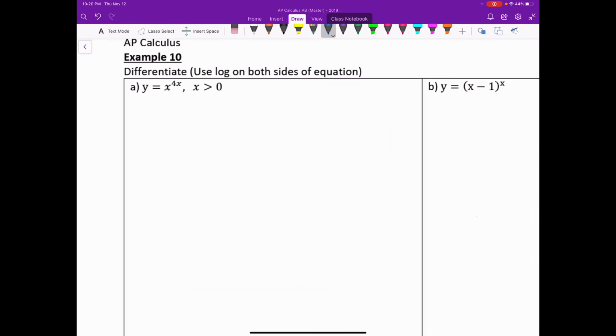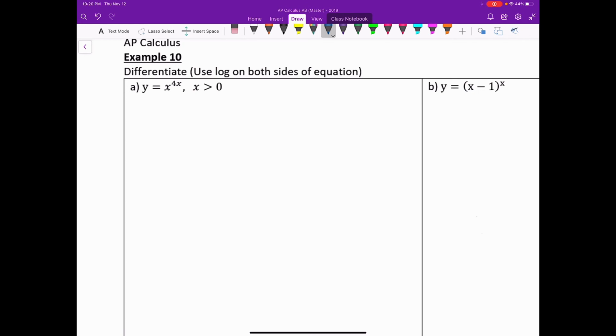Okay, for this particular question, we are going to let y equal x to the 4x. When you have a base that is a variable and an exponent that's a variable, it's a unique situation, because I can't use the power rule since the exponent is also a variable, and I can't use the exponential rule because the base is a variable.